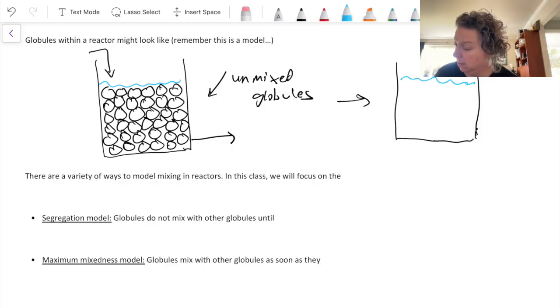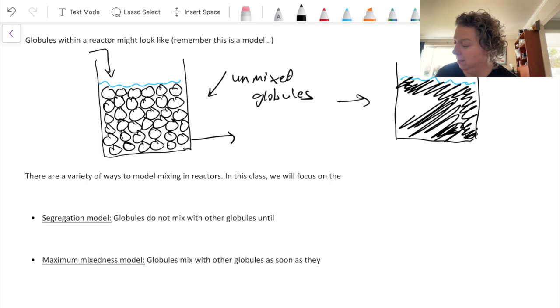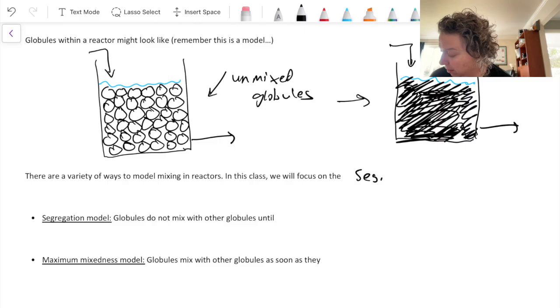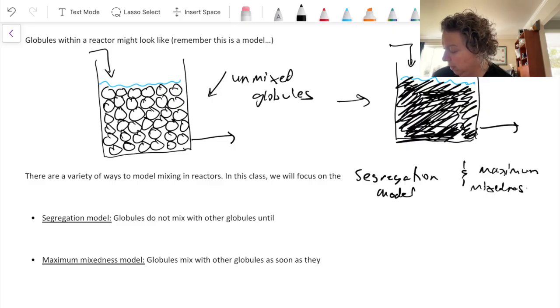So when they mix, basically they all mix together. We have different models for determining when globules of different ages mix. The ones that we're going to focus on are the segregation model and the maximum mixedness model.